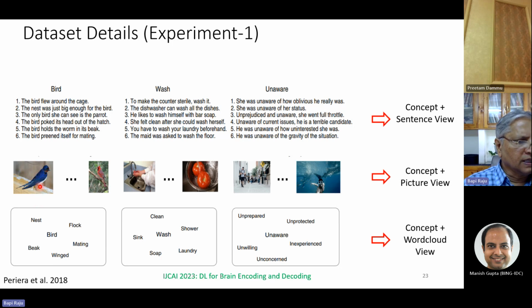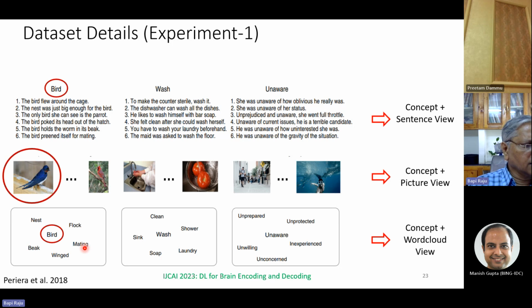In the other case, they are shown a concept and related words in a word cloud format. This is what the participants see. For example, for the bird concept, they see this word cloud view on the screen. In another scenario, they have sentences that represent this idea of bird.